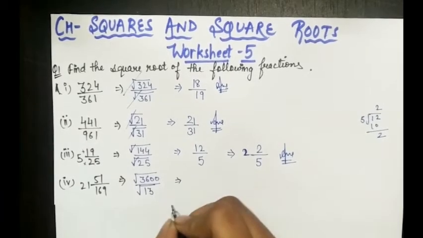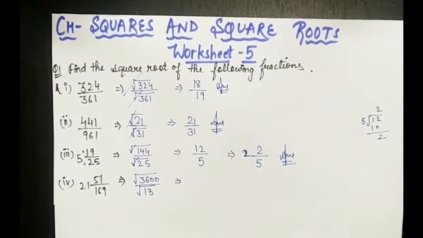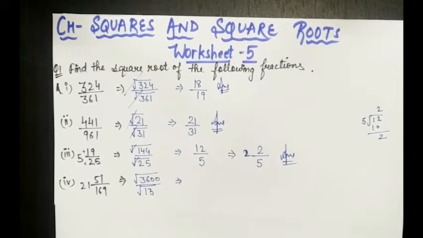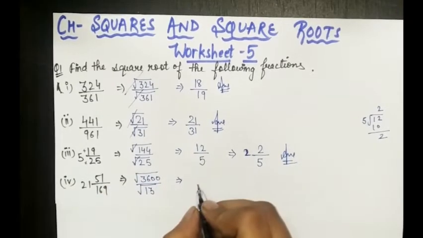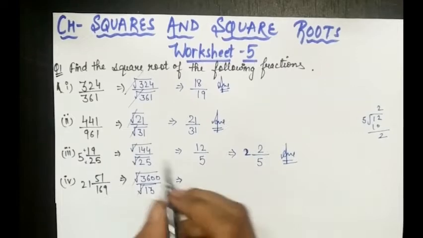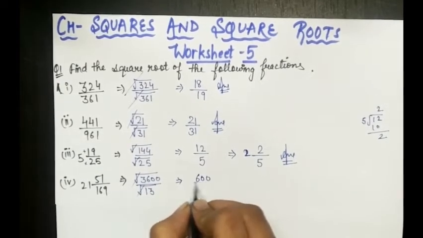Now you will be asking, you all know that 3600 is the square of one number. What's that number? You all know that the square of 6 is 36, means here is 3600, means the number will be 6 and then 100. First this will be cancelled and then you will be writing 600 and then 13.